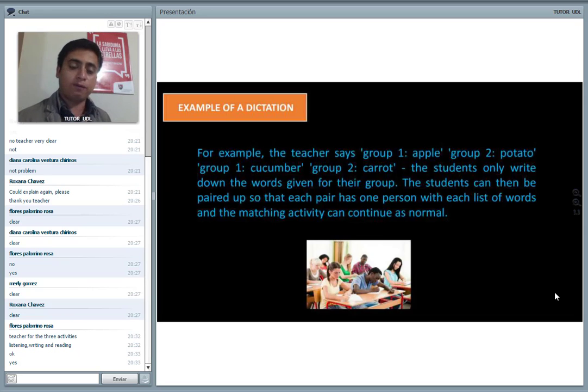Yes, this is a good way of using dictation because a traditional dictation is, get a piece of paper, the teacher is with the book, starts saying the words aloud, and the students are just writing. That's the traditional one. But we need to change this kind of activity. As I told you, it is more interesting if you use this kind of activity with your students. Okay?